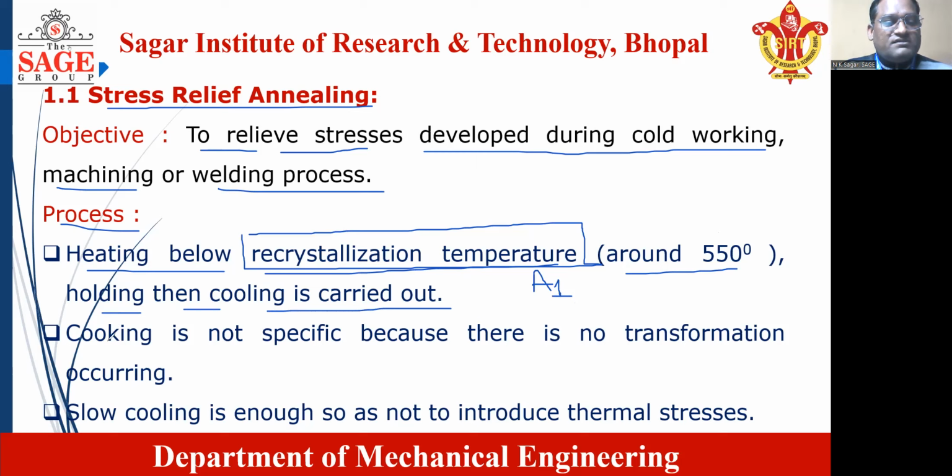Now, cooling is not specific in this process, because there is no transformation occurring. The process takes place below the lower critical temperature, below the eutectoid point, so there is no transformation.